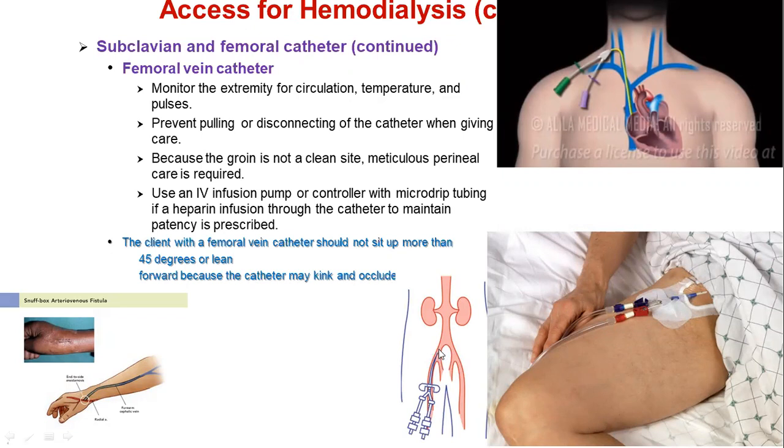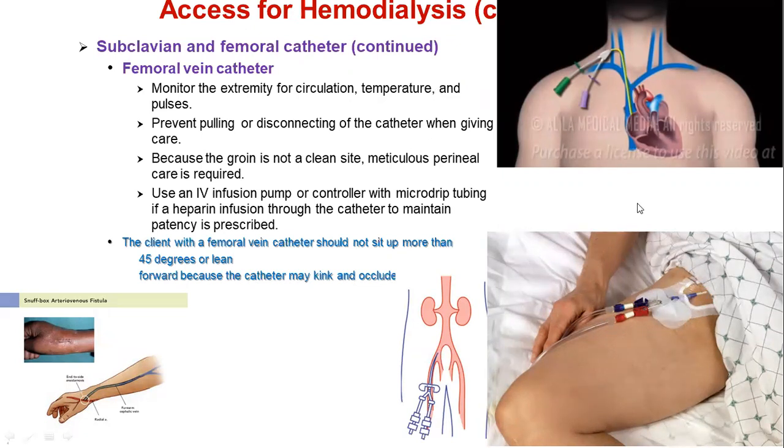So this one, my friend, it is important to let you know that the femoral area has more chance to get infection. So you have to educate your patient, or we can clean the perineum, because there is more chance to spread infection.